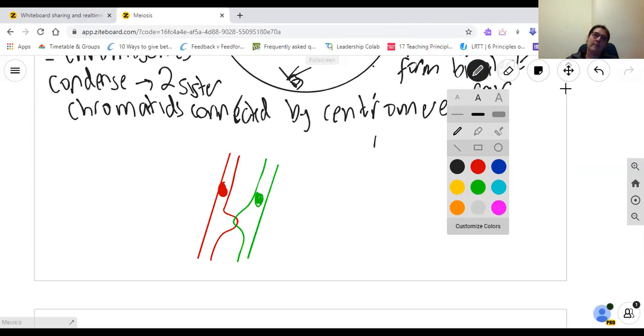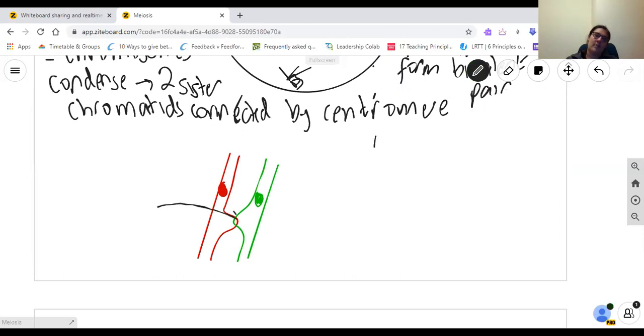And that join is a chiasma, or plural is chiasmata. And really important, because what's going to happen at that join is they're going to swap information. They're going to swap alleles. So from this chromatid, they're going to swap information.